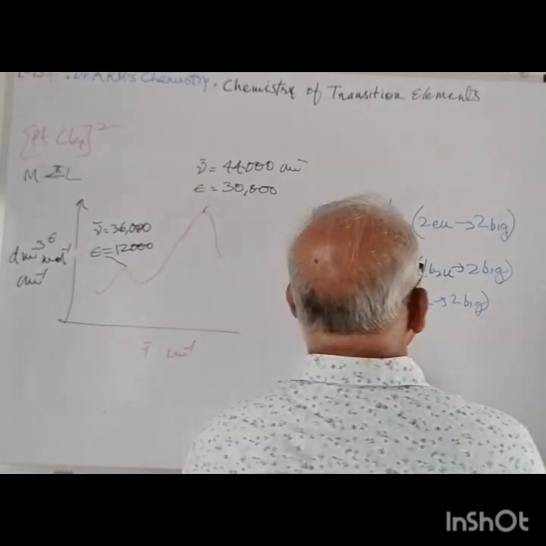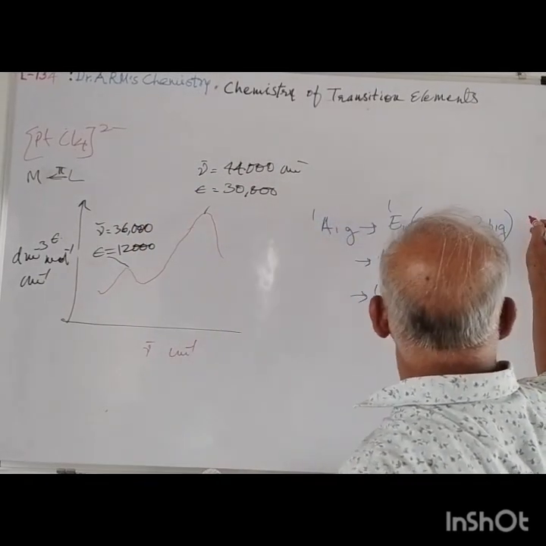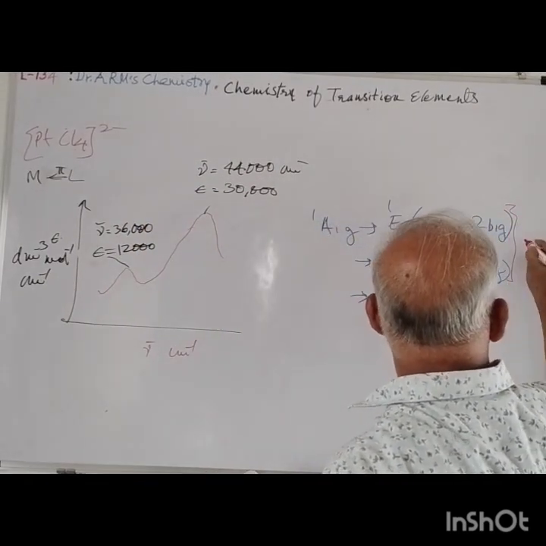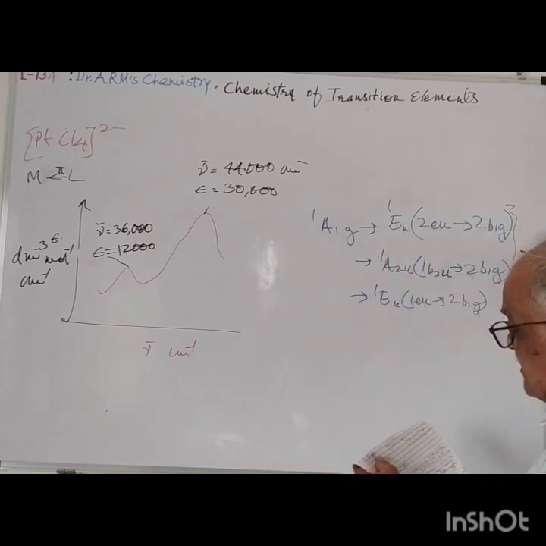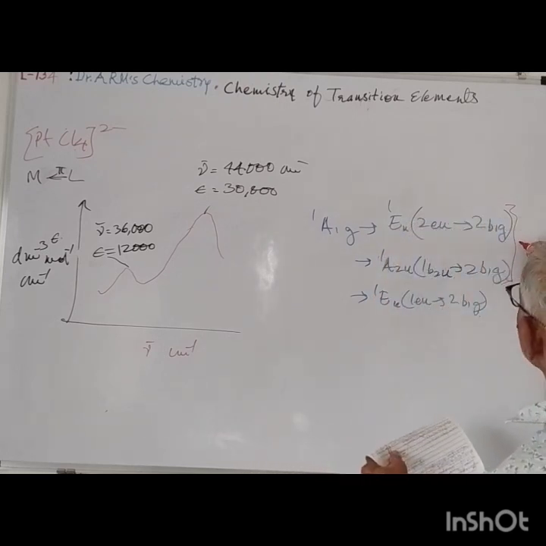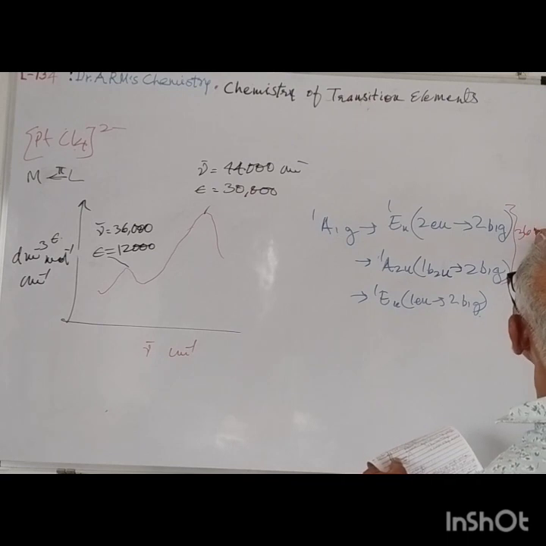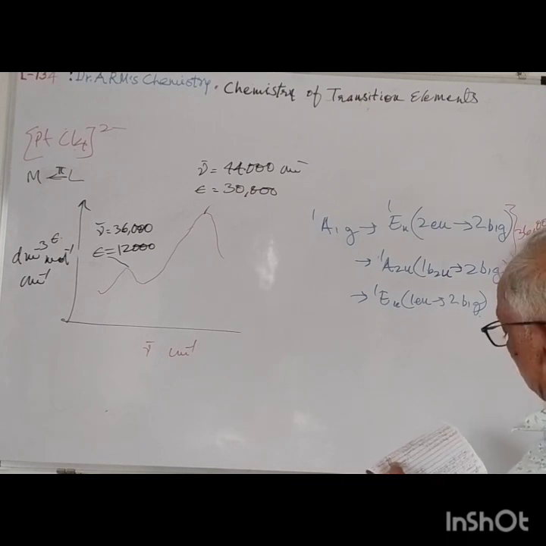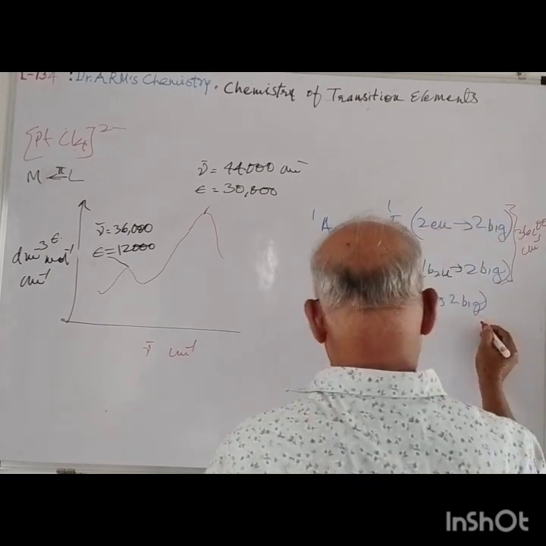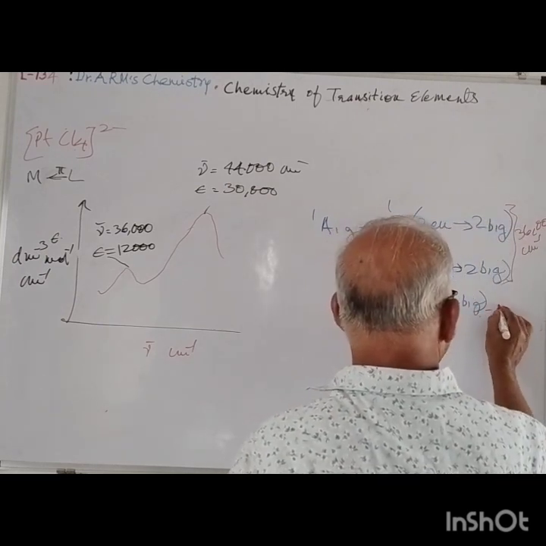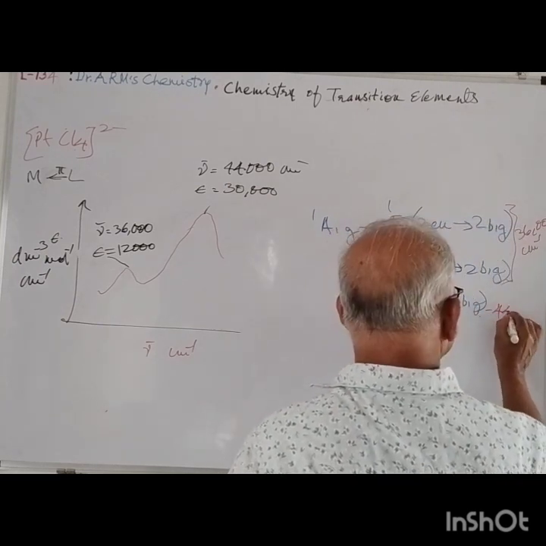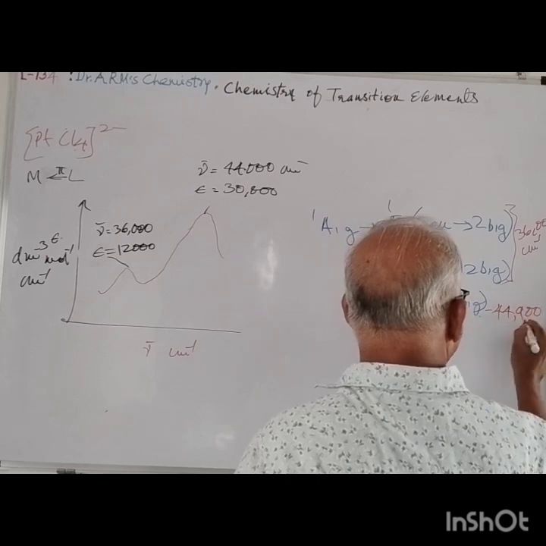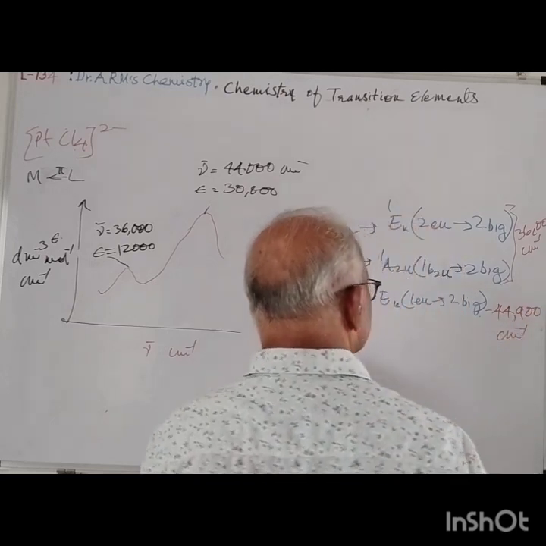So the values of these two transitions are like this. These are appearing at 36,000 per centimeter, whereas this appears at 44,900 per centimeter.